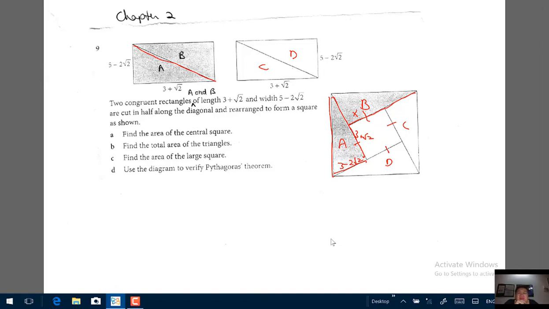So find the area of the central square. The area of the central square will be X times X. The length of X, people, I repeat, is actually the whole length minus the width.